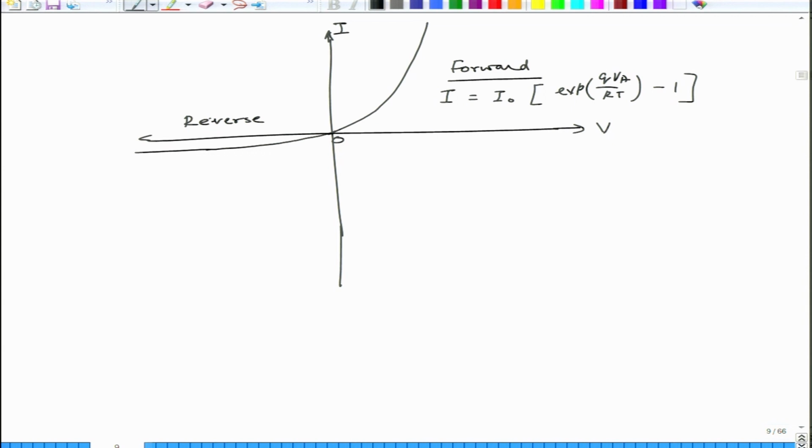This will be positive in the forward region and negative in the reverse region, where VA is negative, and VA is positive in the forward region. We will continue this in the next lecture to work out the electrical characteristics of the PN junction. Thank you.